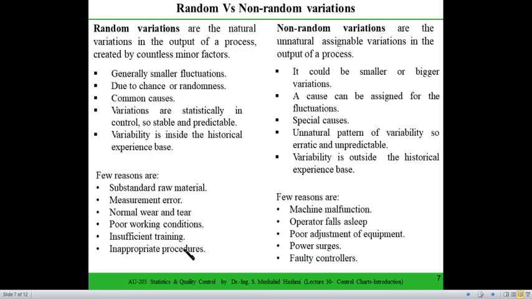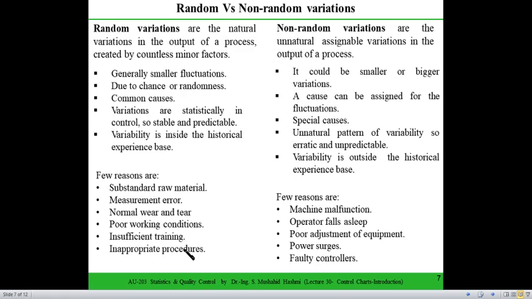The possible reasons could be that a particular machine has some zero error, or there is a certain malfunction. Let's say an operator is working and falls asleep, and the process goes out of control and big variations come into the process.